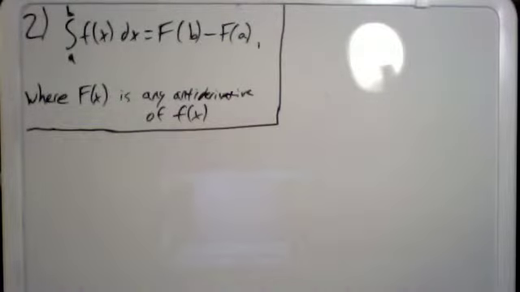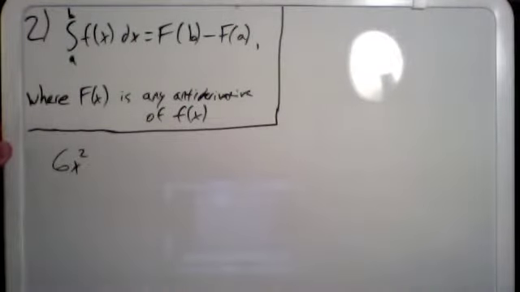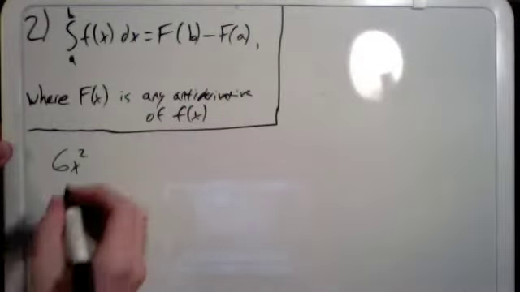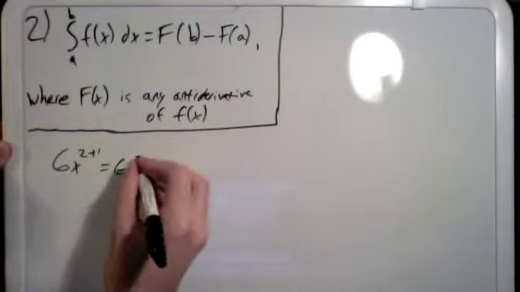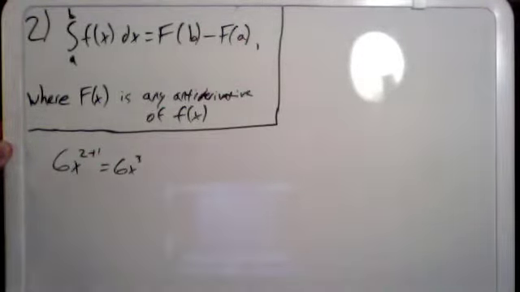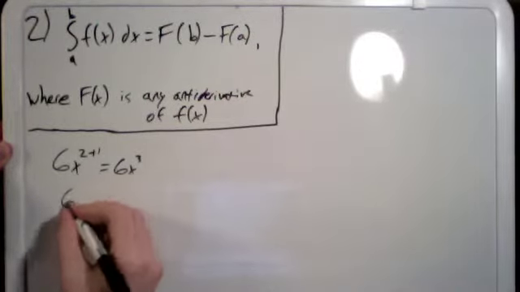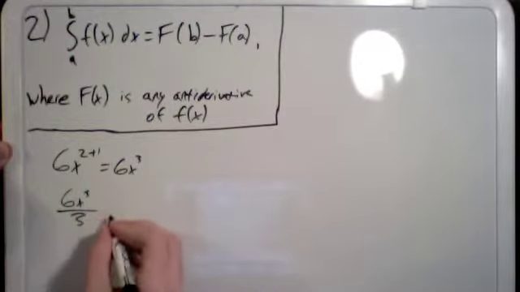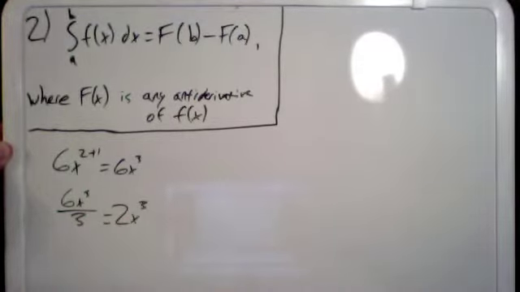So our f of x was 6x squared, right? Now the first thing we do is add 1 to the power. So that becomes 6x cubed. The next thing we do is divide by the new power. So 6x cubed over 3 is equal to 2x cubed.